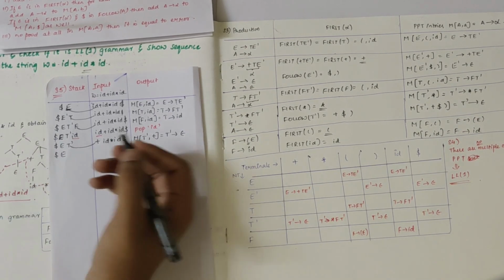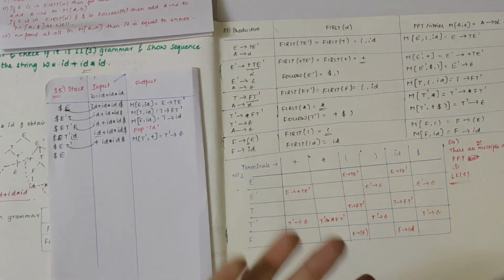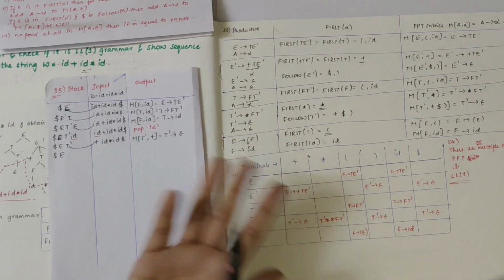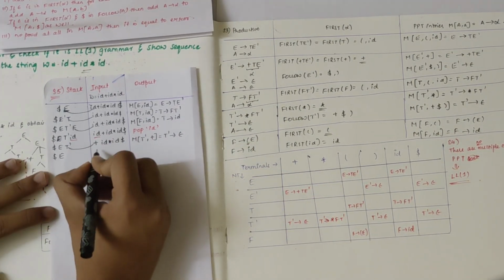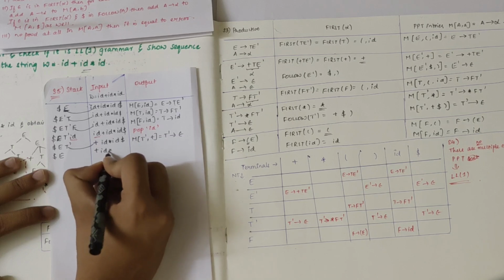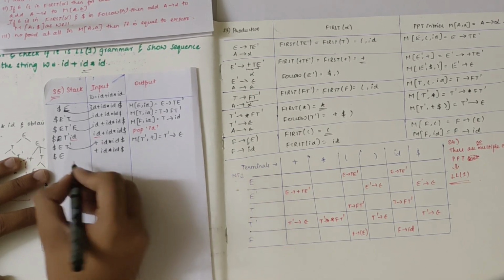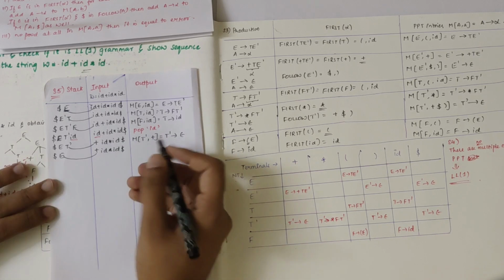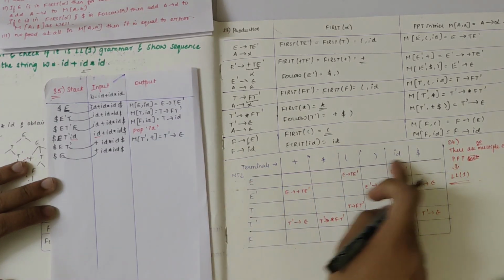$E, so you write epsilon or not, it doesn't make a difference. In this case you can keep it aside. Write the same plus ID star ID dollar. You'll be comparing E dash with plus.